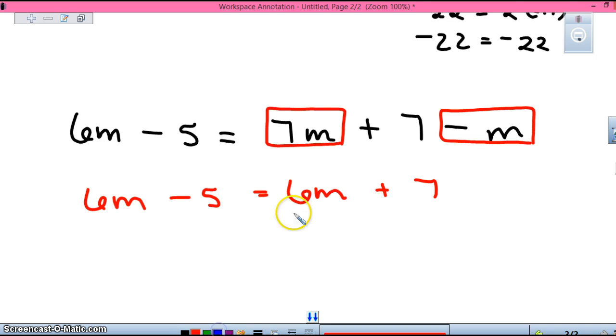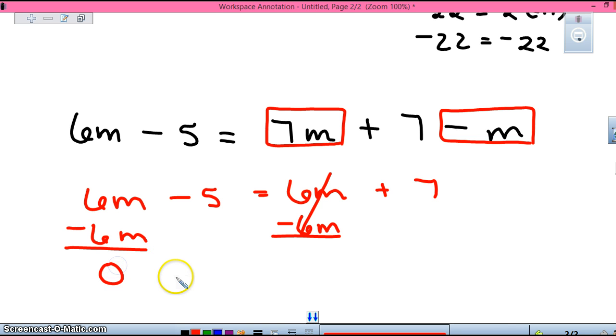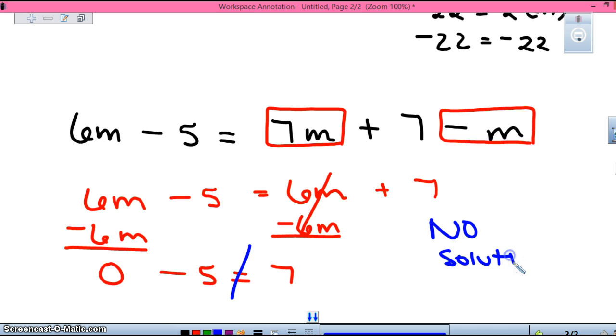If we subtract 6m from both sides, we have 0. Minus 5 equal to 7. In other words, negative 5 equal to 7. Can that be true? No, this cannot be true. Therefore, there is no solution.